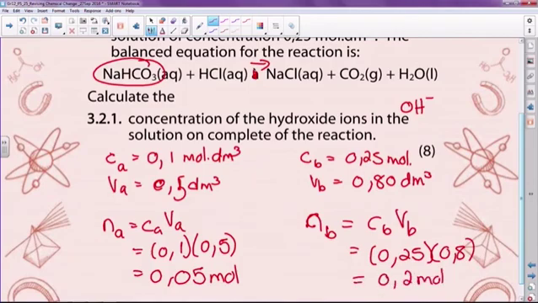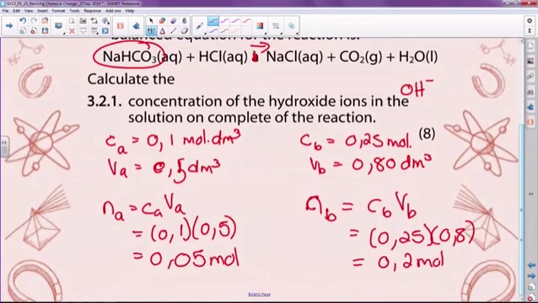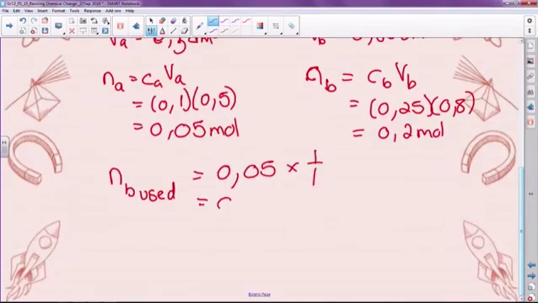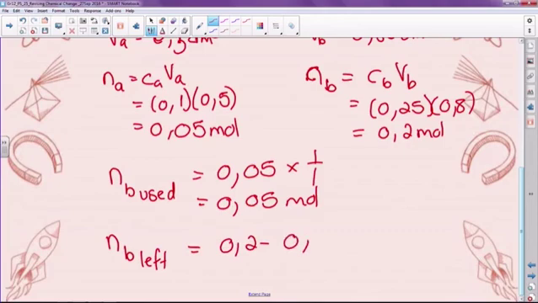Now you can see there's significantly more base. It's a one-to-one relationship between the acid and the base. So now watch. The number of moles of base that are used is going to be 0.05 times 1 over 1. So we want to know the number of moles of base left over, which is going to be 0.2 minus 0.05, which gives me 0.15.